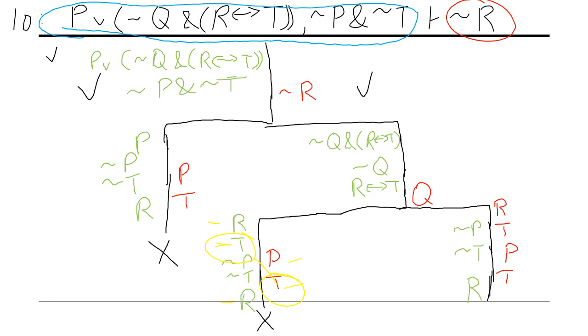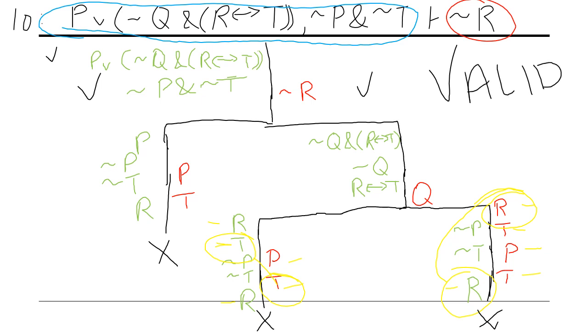Now we've got R, T, P, T, R. We got a matching pair right there. Got R on the right and R on the left, so that is closed off. So, since all of our branches close, it is valid. And that's all we got to do for that one.